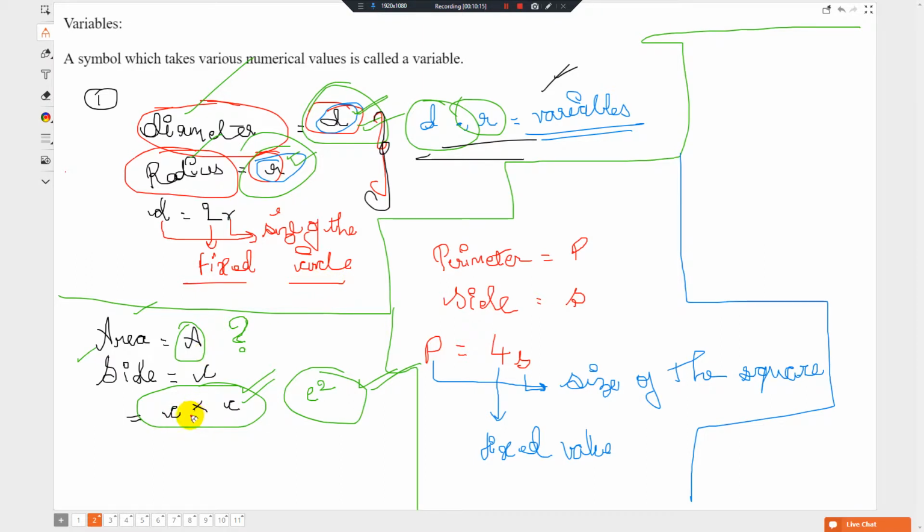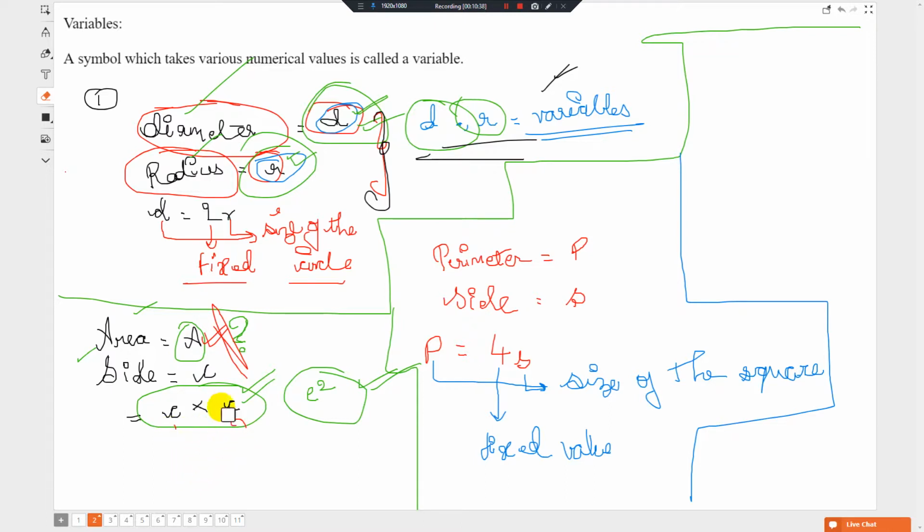Here the 2 and the 4 have fixed values. The others don't have fixed values. What about this s and c?